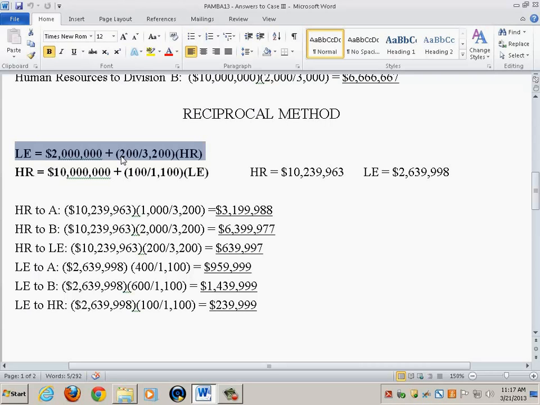Well, we are given that HR devotes 200 person hours to serve legal in terms of rendering human resource services to legal. And the total person hours that HR devotes to all units, including legal, if you sum them up, is 3,200.